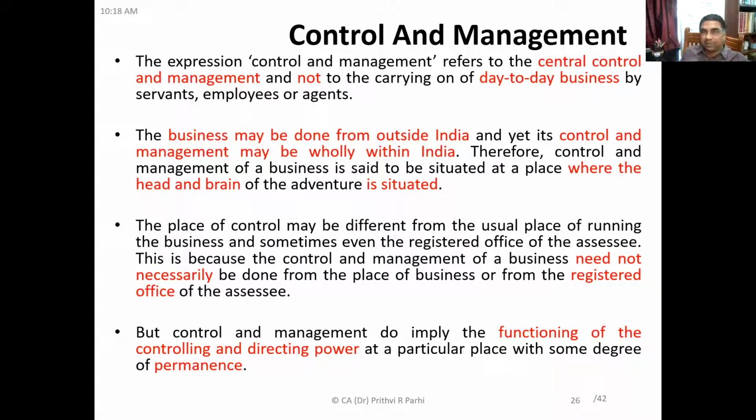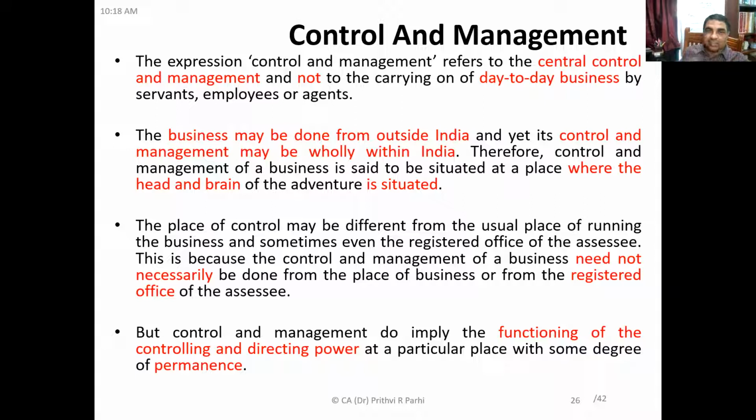Therefore, control and management of the business is said to be situated at a place where the head and brains of the adventure is situated. The place of control may be different from the usual place of running business, and sometimes even the registered office of the associates. Maybe the registered office is different, but the place of control is different.